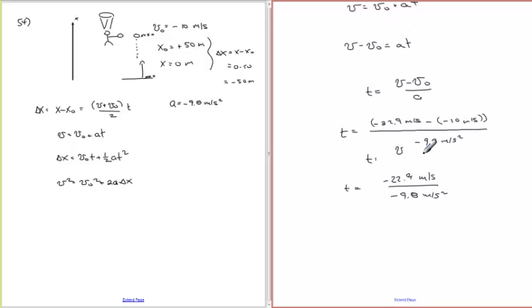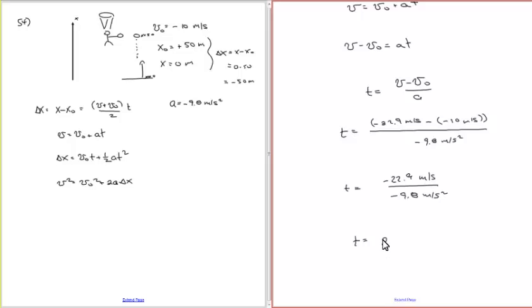So from a unit standpoint, the meters cancel out, and the second cancels out with 1, and the remaining second, because it's in the denominator here, becomes the numerator. And so we get t is equal to 22.9 divided by 9.8, 2.33.